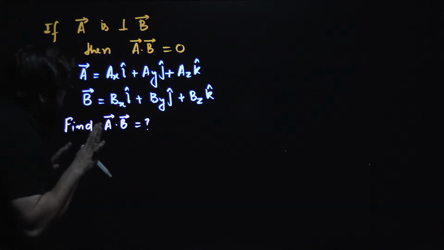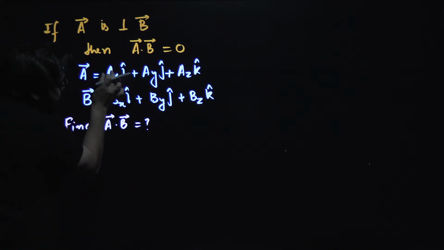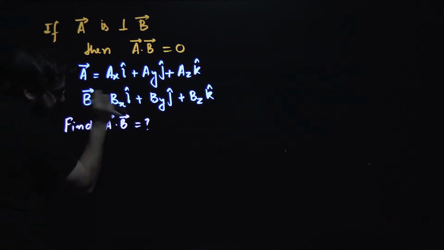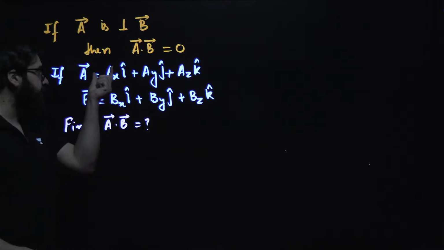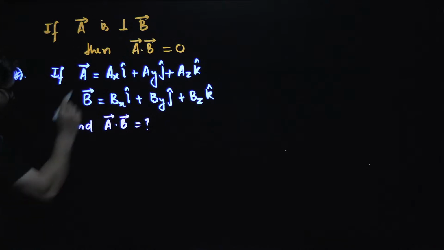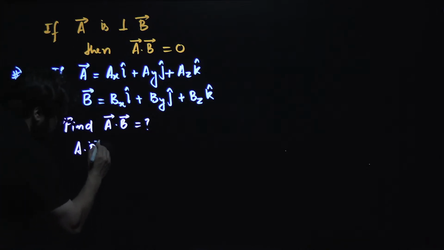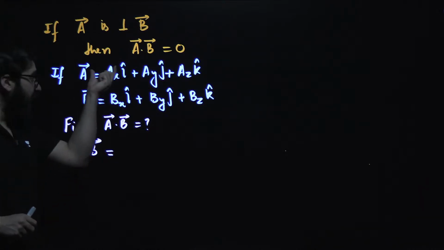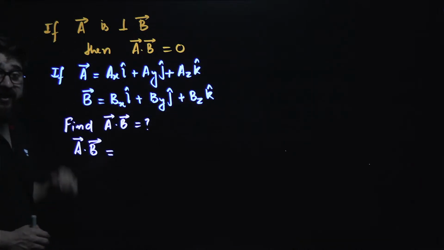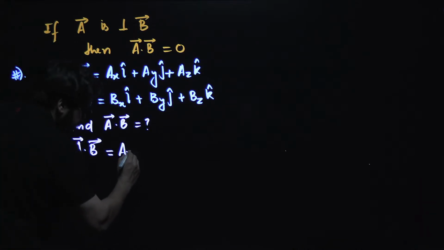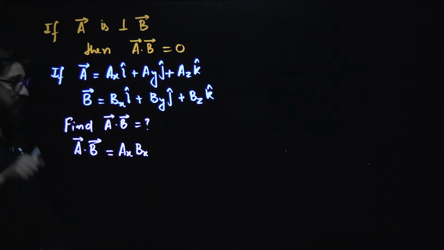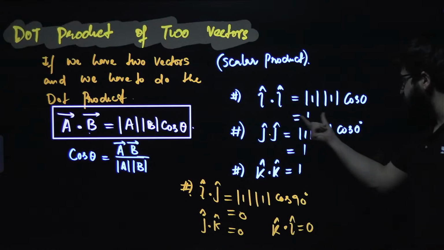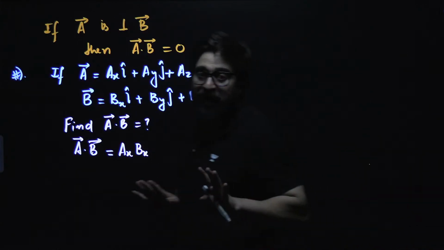Remember, guys, the vector along the x-axis is i cap here and i cap here, so you simply multiply this with this. In this particular case, a dot b will be ax into bx, i with i, j with j, and k with k. i dot i is 1, so I don't have to write that.